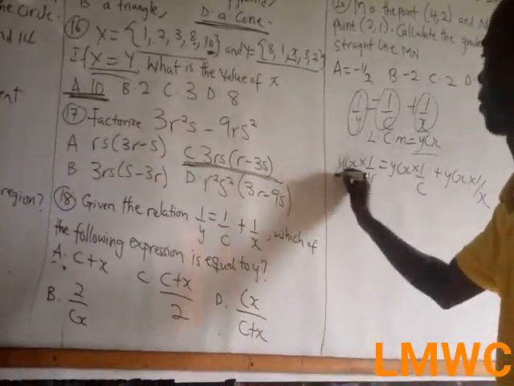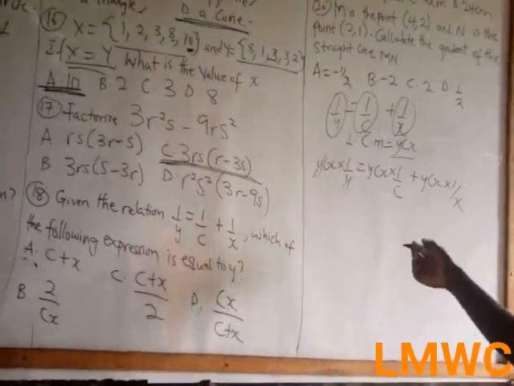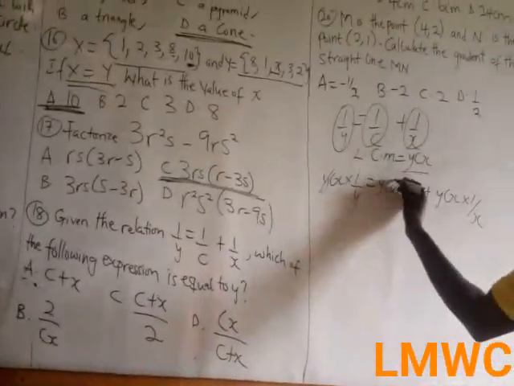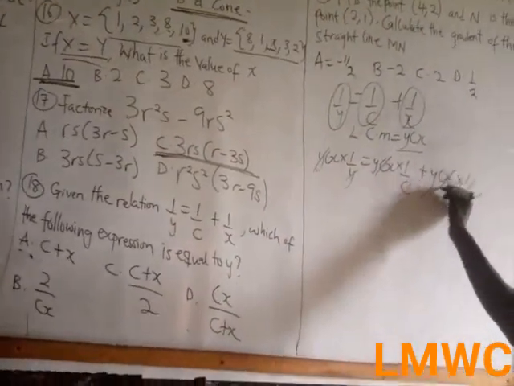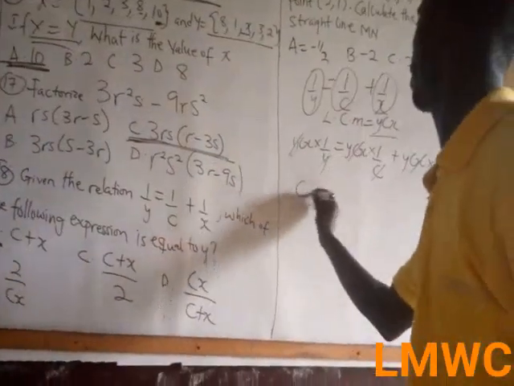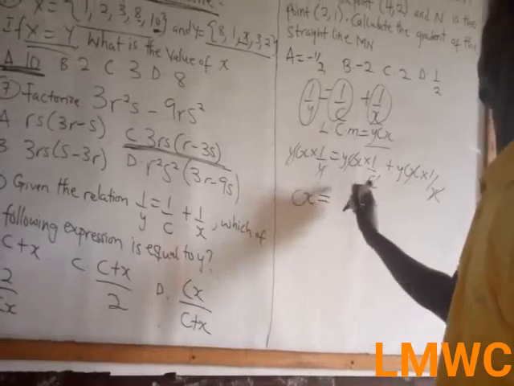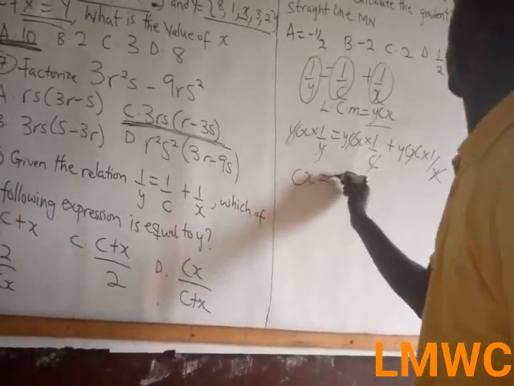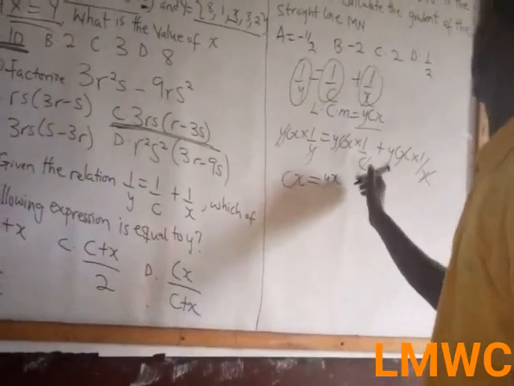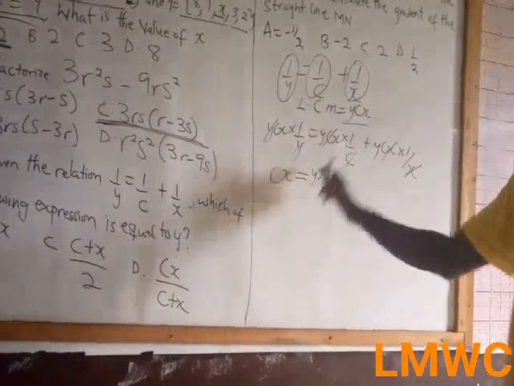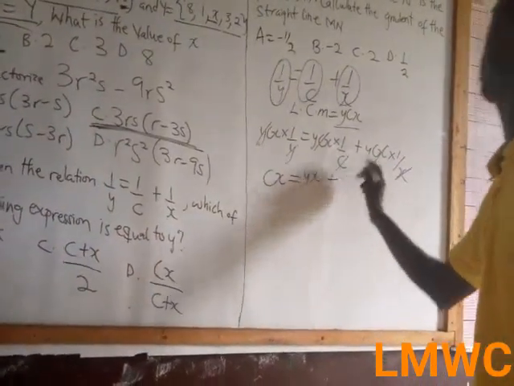This will cancel this. We want to eliminate the fraction. This will cancel this, and x will cancel x. It's left with cx, because cx times 1 is cx, equal to yx times 1, which is yx, plus yc.